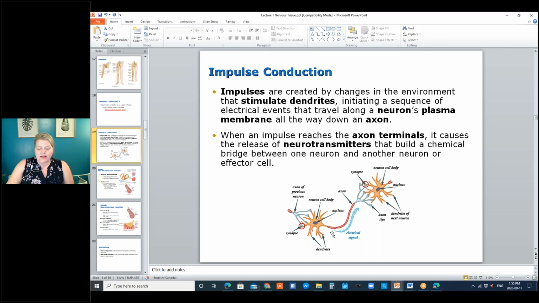We're going to talk about what exactly happens at the plasma membrane level, all the way down the axon, and then what happens at the axon terminal with neurotransmitters and the synapse and all of those things.